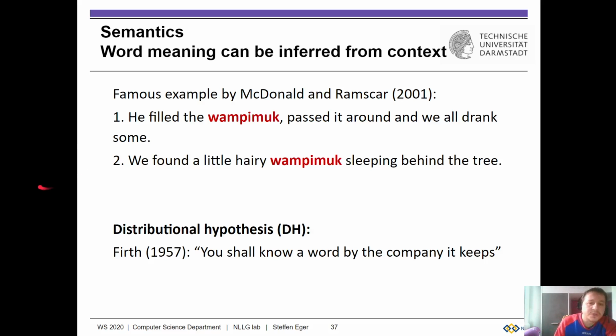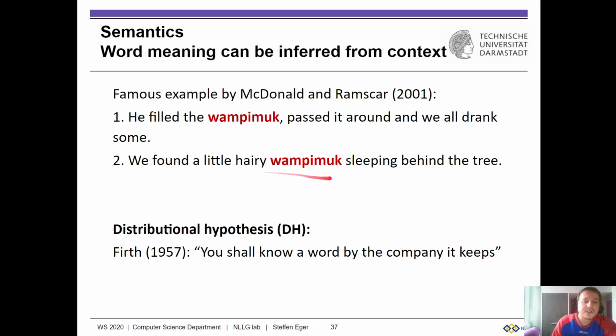You've never heard this word wampumuk before, but from the context you could infer what it would probably denote, and you would guess that it denotes something like wine, or some bottle, right? Something where you put liquid inside, because they're going to pass it around and drink from it. So that's most likely some bottle with liquid. Good, so the context gives us a clue about the meaning of the word.